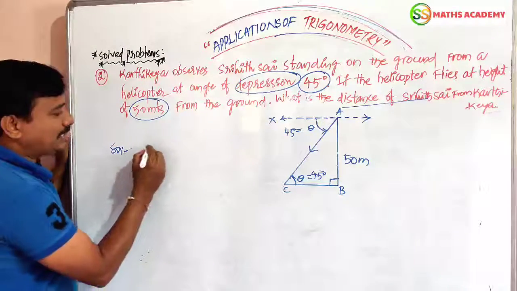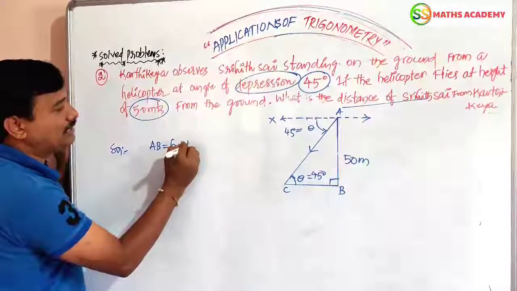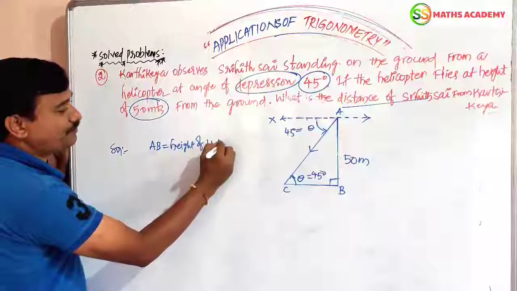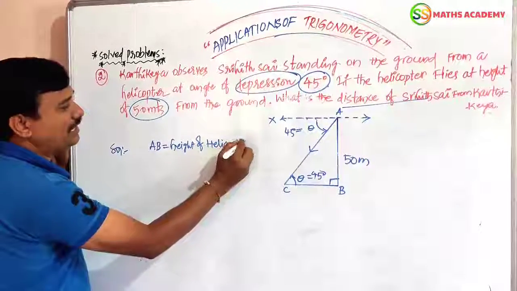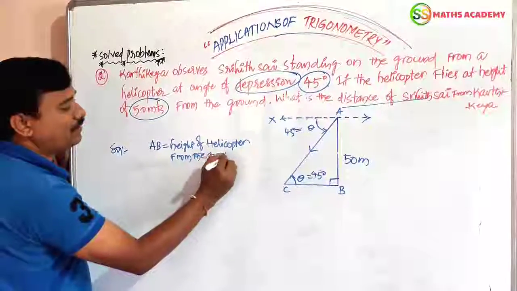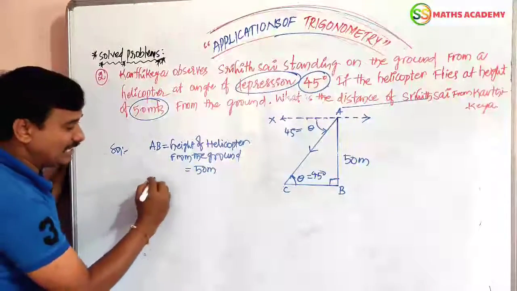Let us see. AB is nothing but the flying height of the helicopter, the height of the helicopter from the ground, which equals 50 meters. Clear?